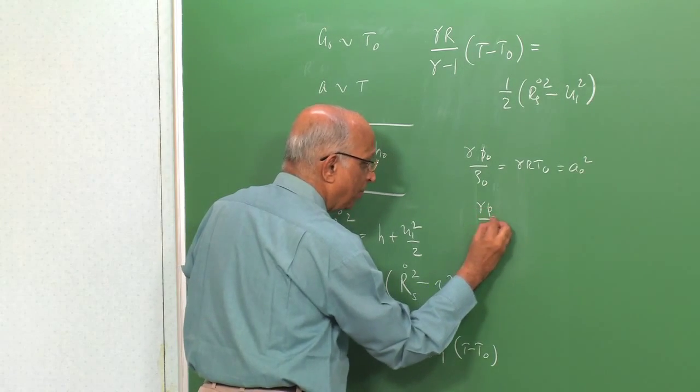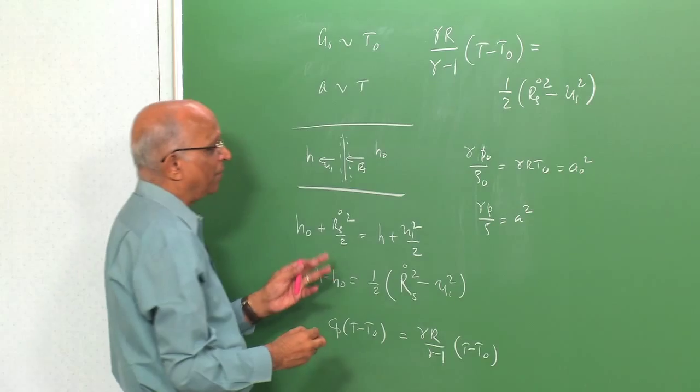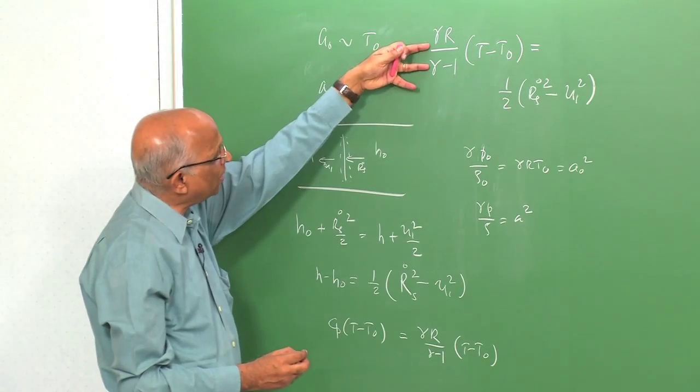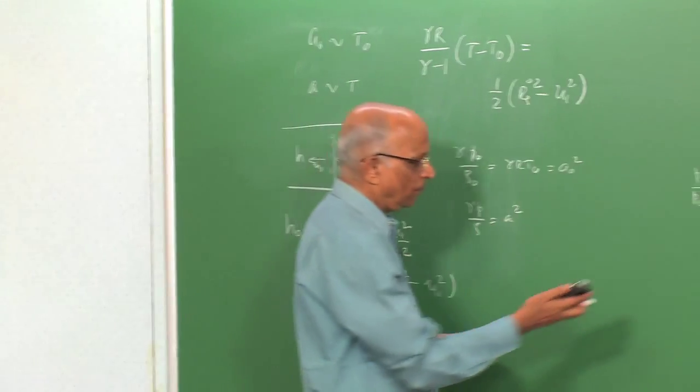I have gamma P by rho, which is gamma R T, equal to A squared behind it, and therefore this expression can now be rewritten in the following form.